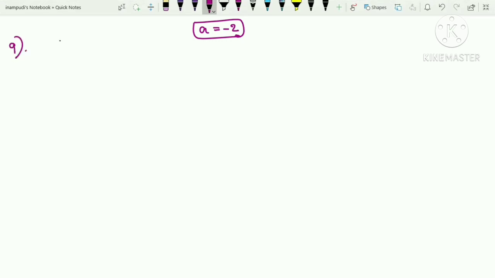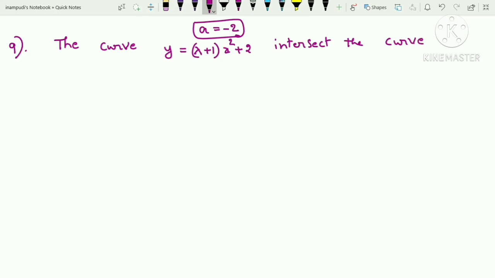The curve y is equal to lambda plus 1 into x square plus 2 intersects the curve y is equal to lambda x plus 3 in exactly 1 point.